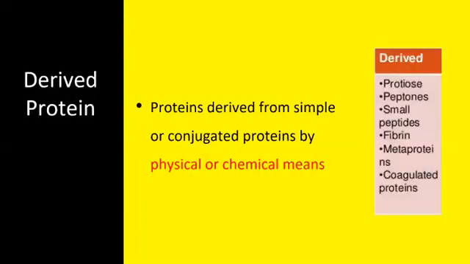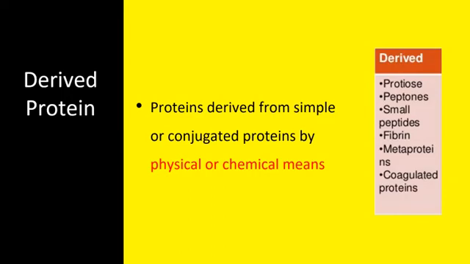And the third one is the derived protein. Derived proteins are products of partial to complete hydrolysis of simple or conjugated proteins, by the action of acids, enzymes or alkalis.